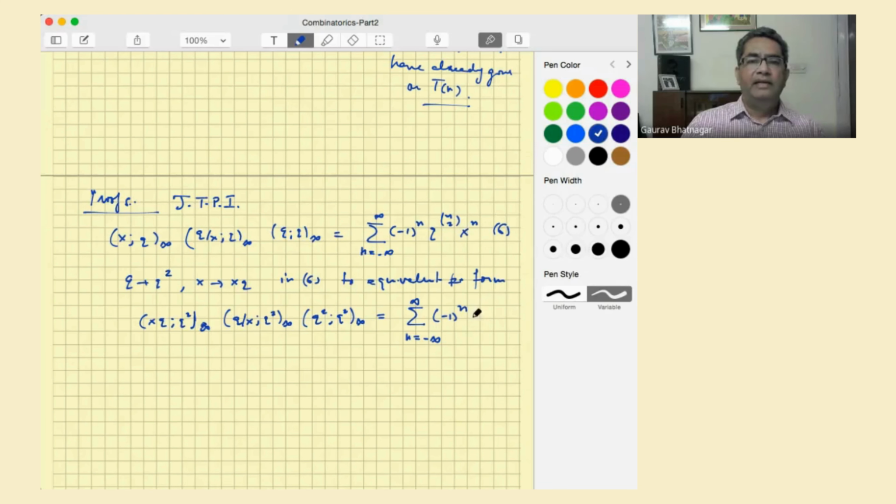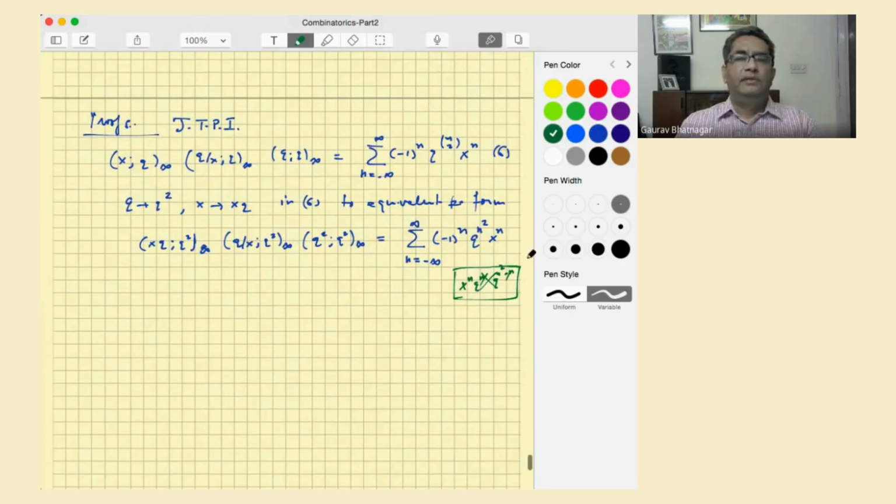And here this is n square minus n, and then x cube, so this will become q raised to n square, x raised to n. So I had x raised to n, q raised to n, and then there's q raised to n square minus n, so this cancels. So this we'll call equation 7.